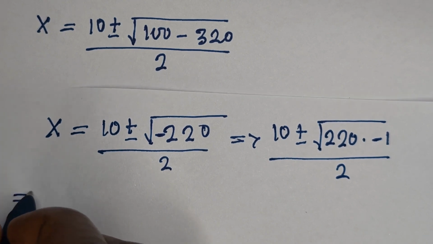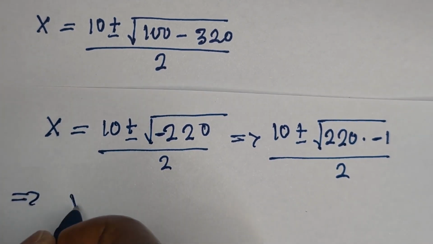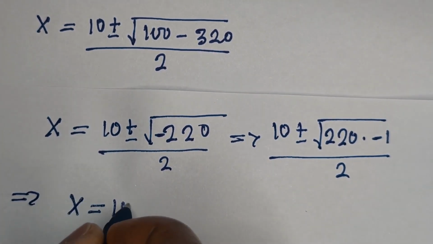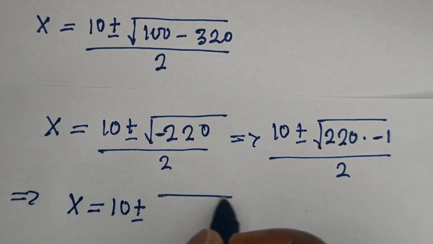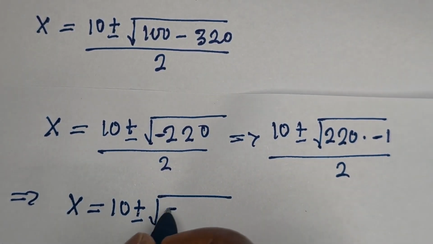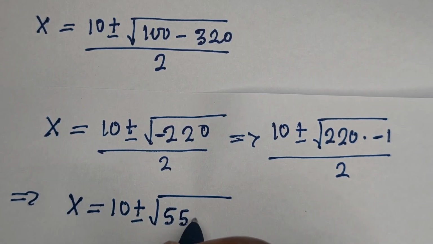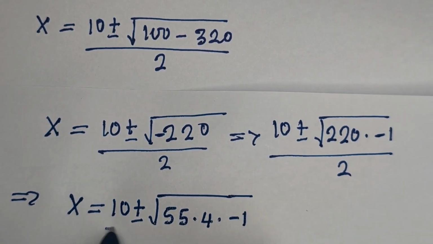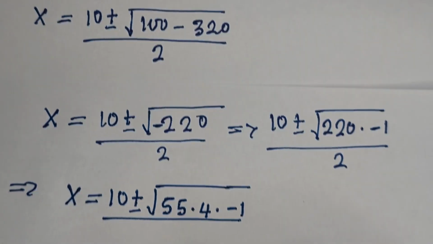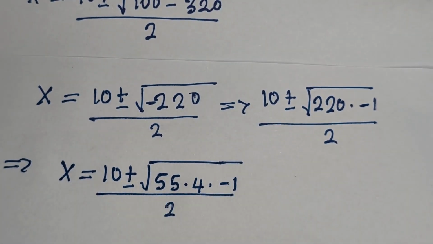And this is, we have x is equal to 10 plus or minus, the whole of this can be written as square root of 55 multiplied by 4 multiplied by minus 1 over 2.